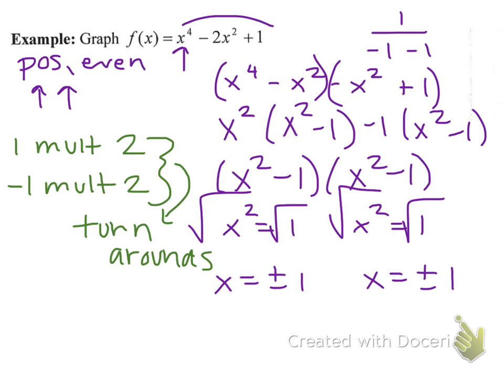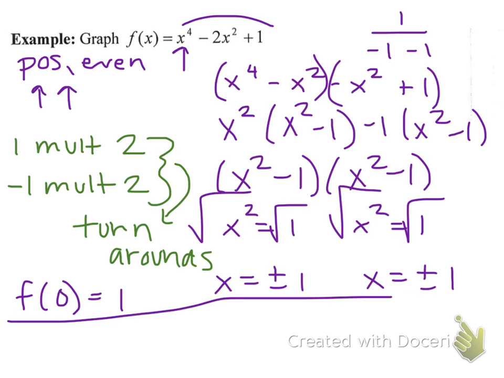Something else we can determine is our y-intercept. So we found our x-intercept, our y-intercept, and I probably should have put that on the steps of things we could find. You plug in 0, so when I plug in 0, I'm going to get 1, so I got my y-intercept. The even and odd isn't terribly important, but we'll just quickly run through it.